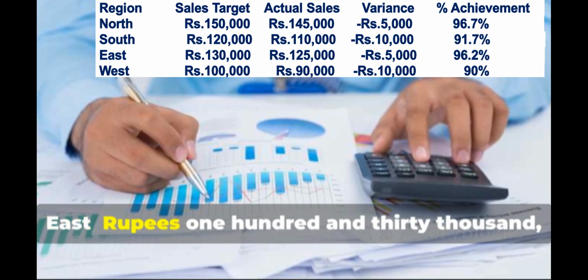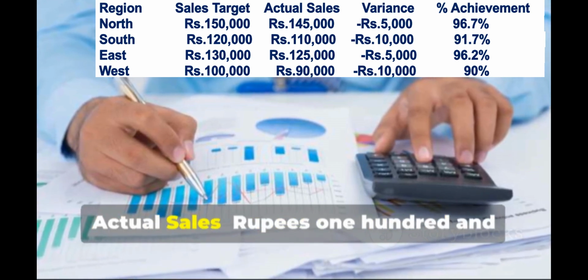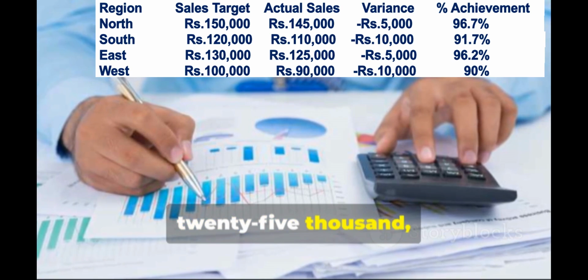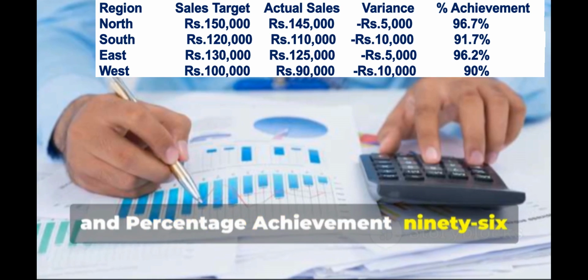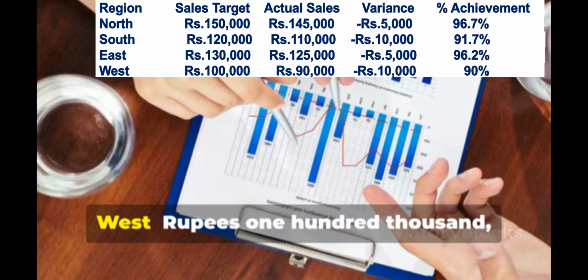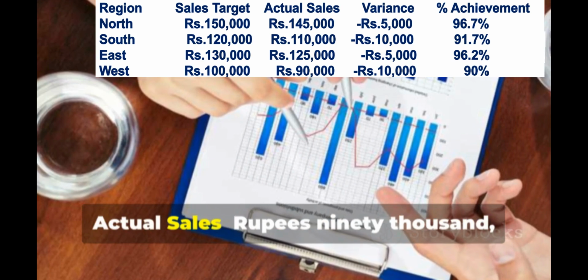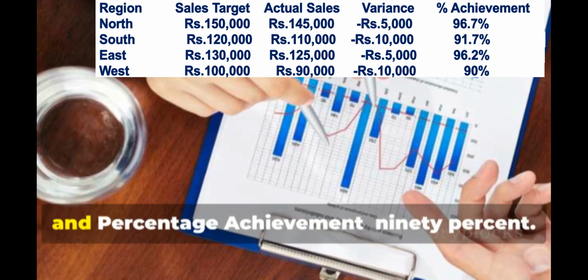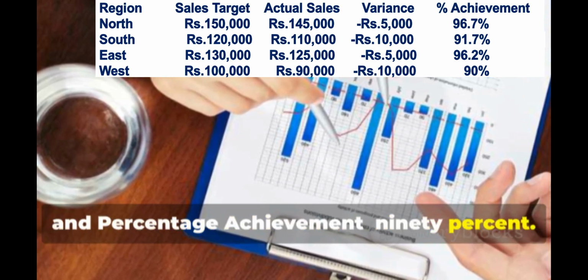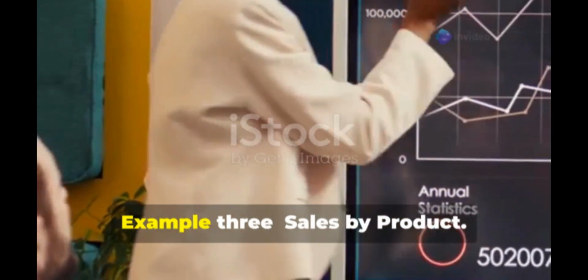East: target rupees 130,000, actual sales rupees 125,000, variance minus rupees 5,000, and percentage achievement 96.2%. West: target rupees 100,000, actual sales rupees 90,000, variance minus rupees 10,000, and percentage achievement 90%.